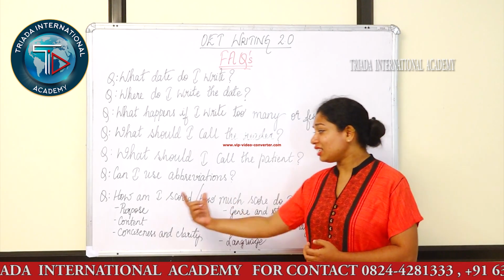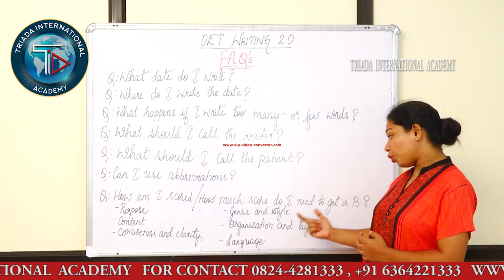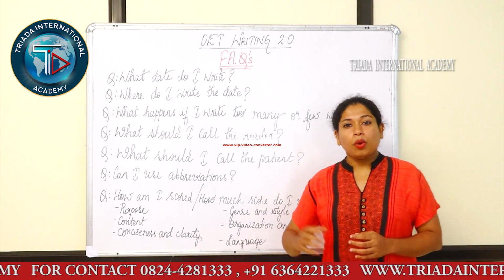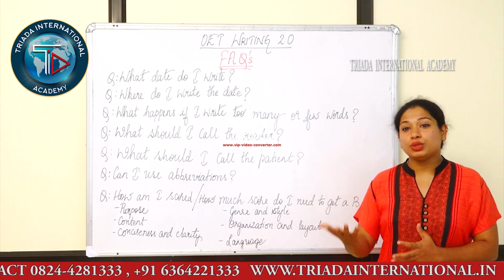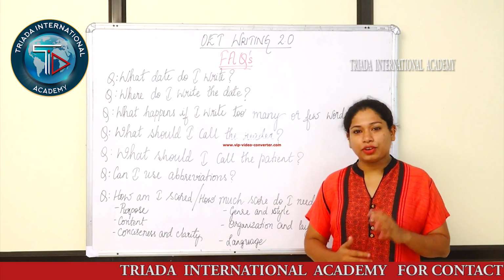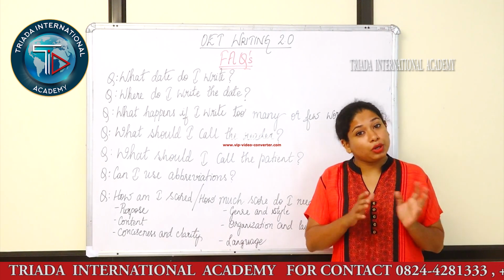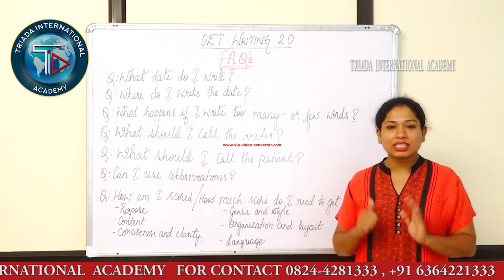Okay. The next thing is, how am I scored? Like how much score do I need to get a B or a 350 score? This totally depends upon the updated new criteria. Priorly there were only 5 criteria, and depending on those the examiner would have assessed you. But after the updation, we now have 6 criteria.